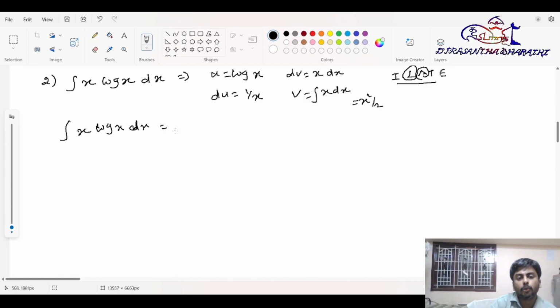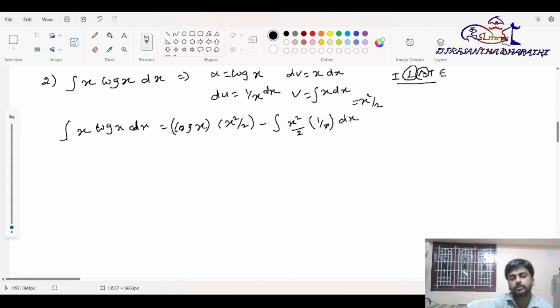So by integration by parts, integral x log x dx equals uv minus integral v du. uv means log x into x square by 2, minus integral of x square by 2 into du, which is 1 by x, and you have to add dx without forgetting.